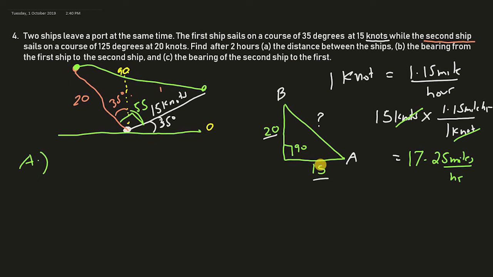But we are not done with the conversion yet, because this is only the speed. It says here, after 2 hours. So within 2 hours, what is the distance it traveled? Let's convert again: 2 hours times 17.25 miles per hour. The hours cancel. 17.25 times 2 is equal to 34.5.